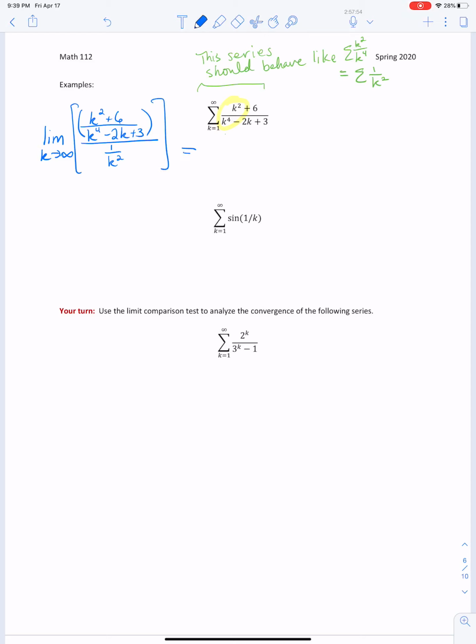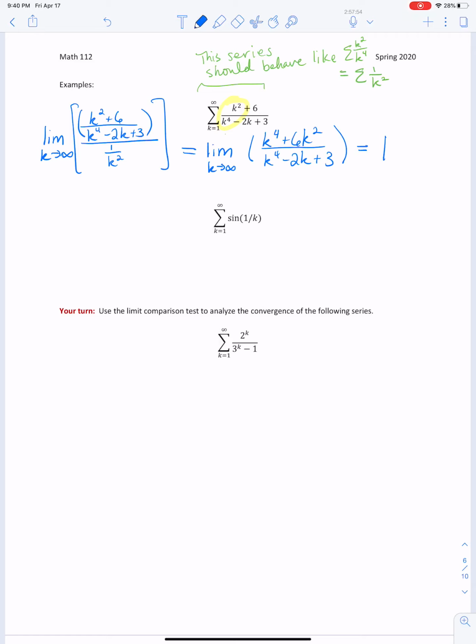This is going to be equal to the limit as k goes to infinity, and now I'm going to multiply by the reciprocal of the bottom fraction just to simplify my fractions a little bit, and we'll have k to the fourth plus 6k squared over k to the fourth minus 2k plus 3. And you can see then that this limit is 1.